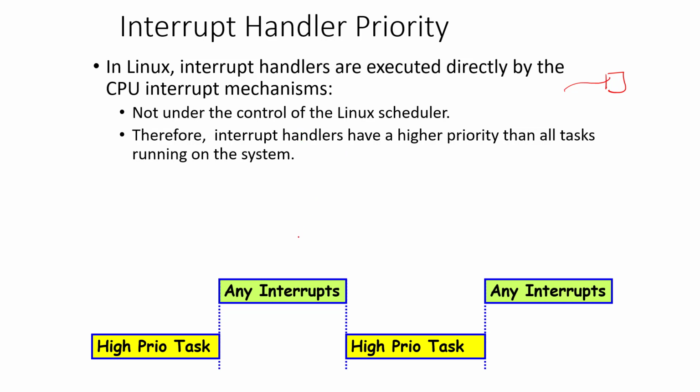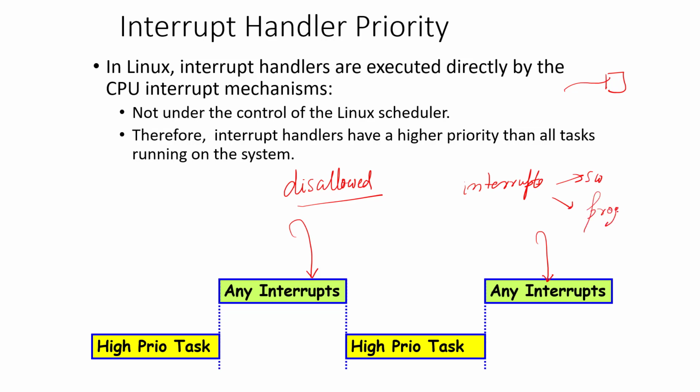As a result, interrupt handlers have the highest priority and they can swap out, they can force a context switch for any existing high priority real time task. If you want to design a genuine or a pure real-time operating system, this behavior has to be disallowed. And we'll have to allow all interrupts to be under the control of either software or some kind of programmable hardware.